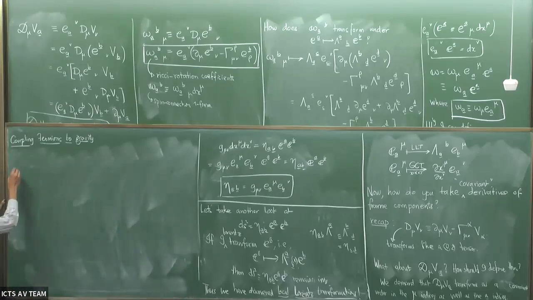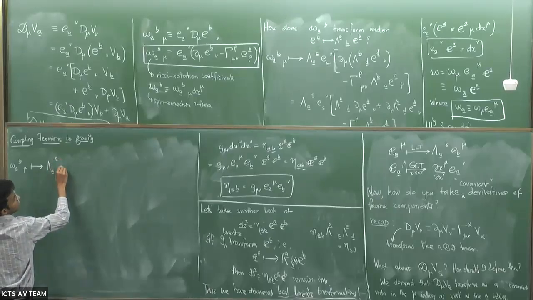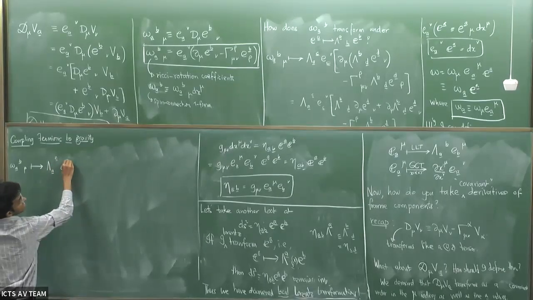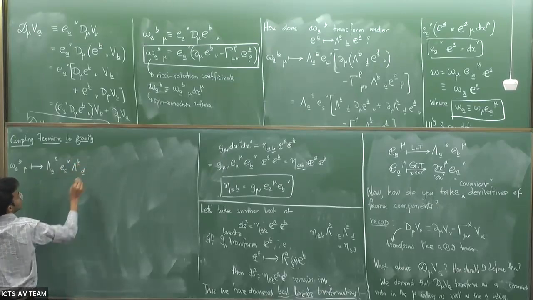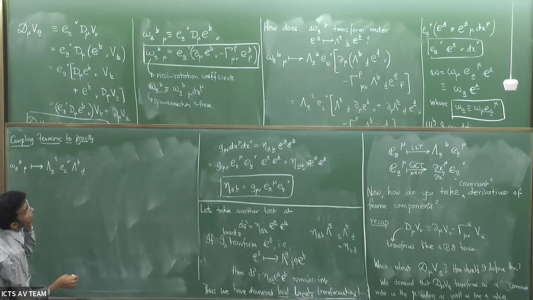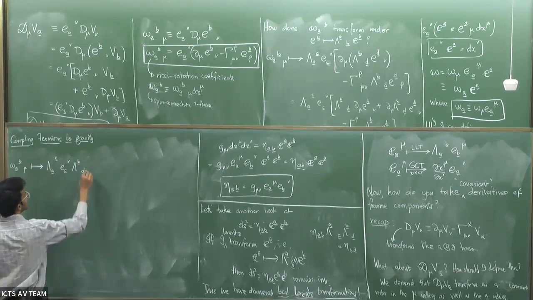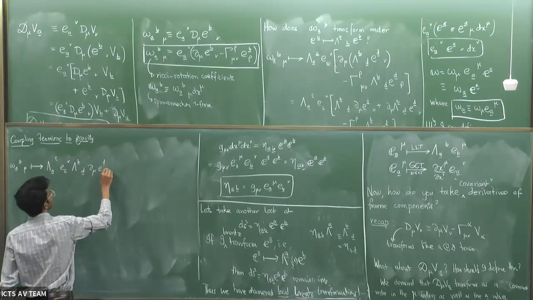So what have we found? Omega A B mu transforms as lambda A C E C nu lambda B D del mu E D mu.